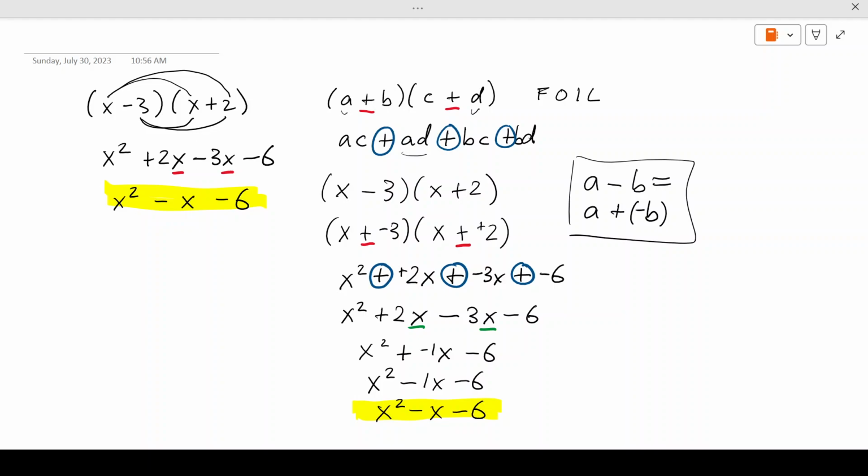But it will work out if we consider this to be a negative 3, even though it says minus positive 3. We're basically doing this part right here in our head. We're considering that to be plus negative 3. And that's the real reason.